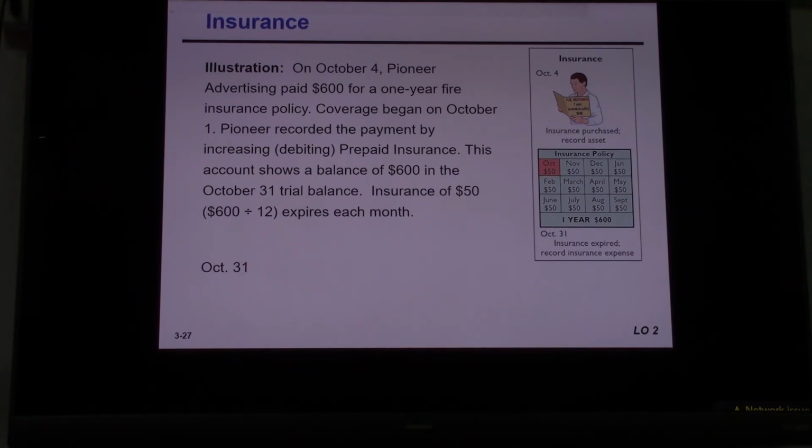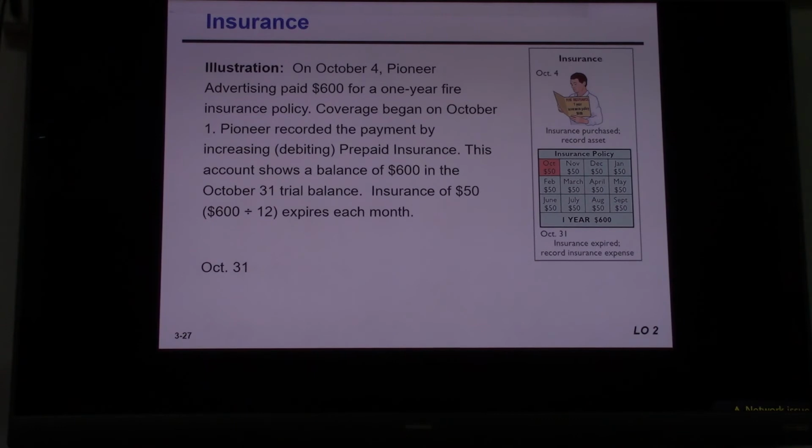The second type of prepayments is related to insurance. Companies purchase insurance to protect themselves from losses due to fire, theft, or unforeseen events. Insurance must be paid in advance, often for multiple months. The cost of insurance paid in advance is recorded as a debit in an asset account, which we call prepaid insurance.